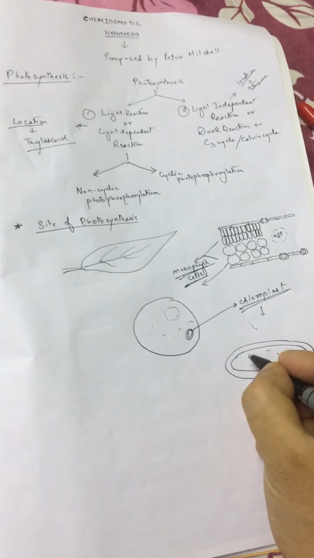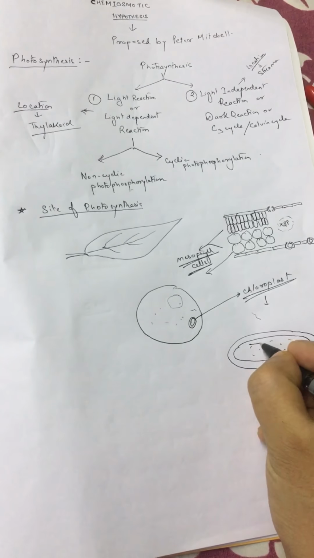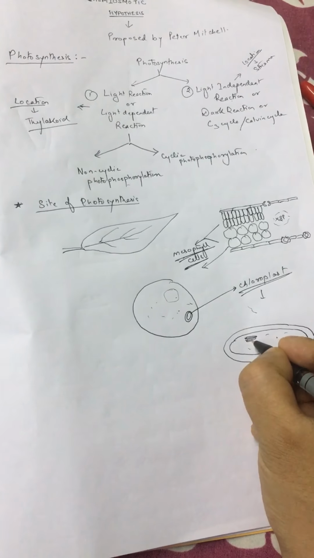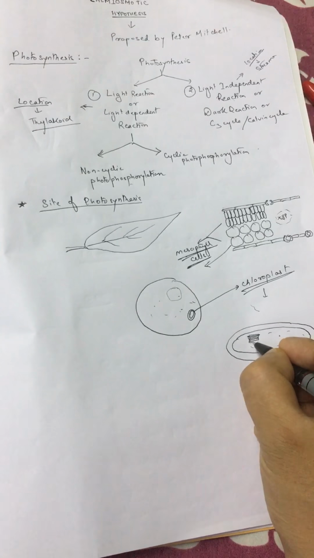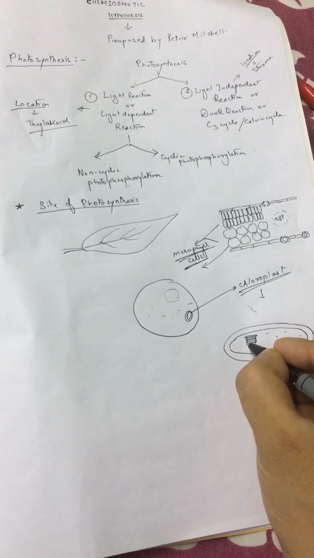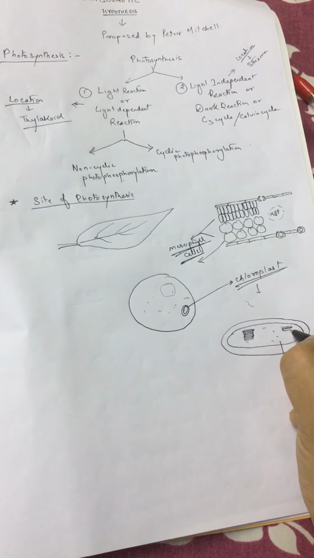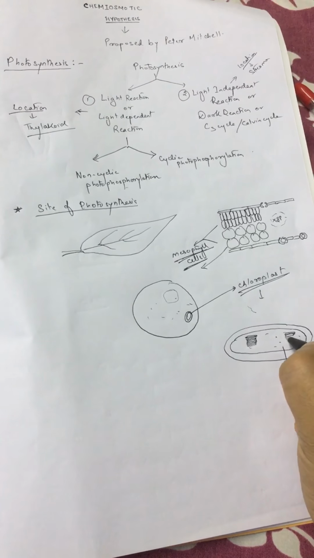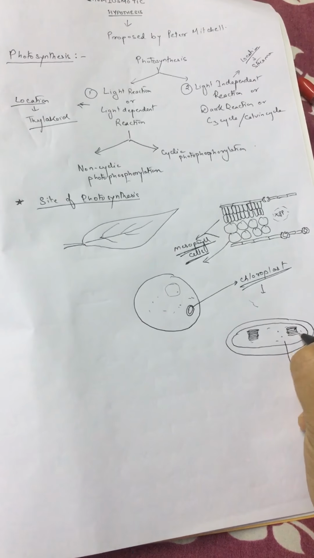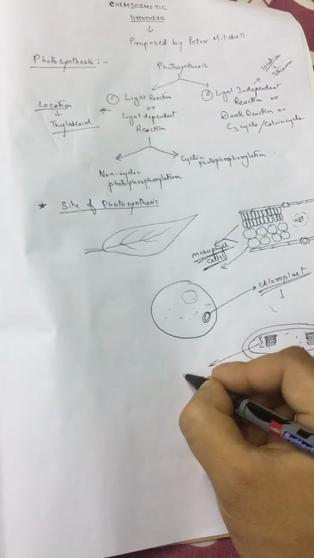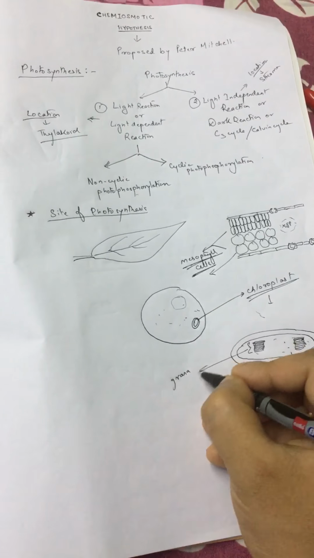And in the stroma there will be certain disc-shaped structures present in stacks, one above another. This group of disc-shaped structures will be called grana, right?